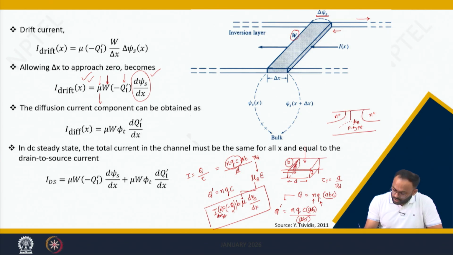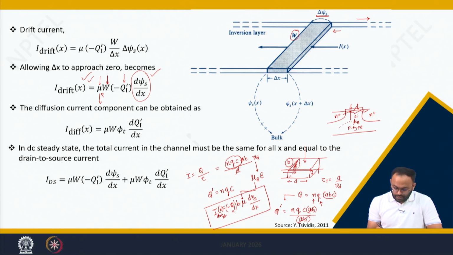But the moment electrons come near the surface, they move under the influence of the vertical field, and hence the mobility will not be the same as the mobility present in the bulk. The electrons will flow under the vertical field as well as the surface roughness between Si and SiO2. To capture all these effects, we replaced mu b by mu.